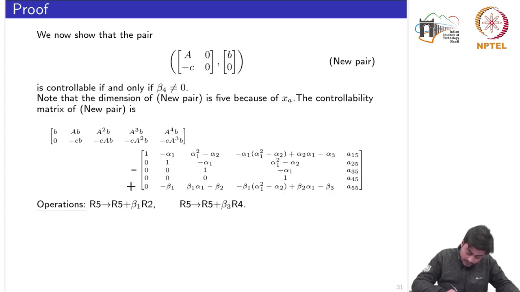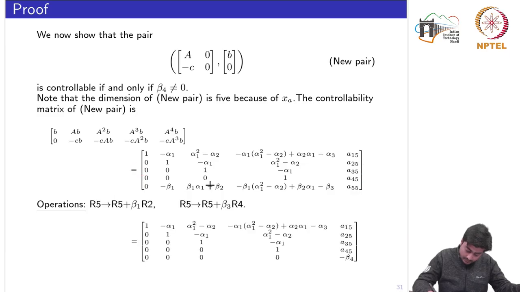Row 5 is changed to row 5 plus beta times row 2, so we multiply this complete row by beta and add it into R5. This is our first operation. The second operation is that we multiply the fourth row by beta 3 and add it again to row 5. Doing these two elementary row operations, we obtain this controllability matrix.